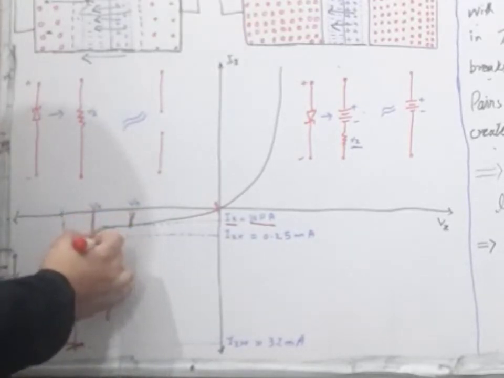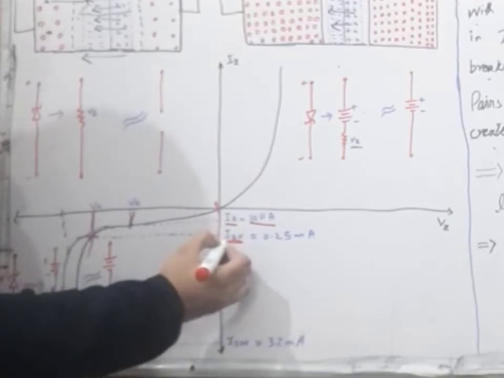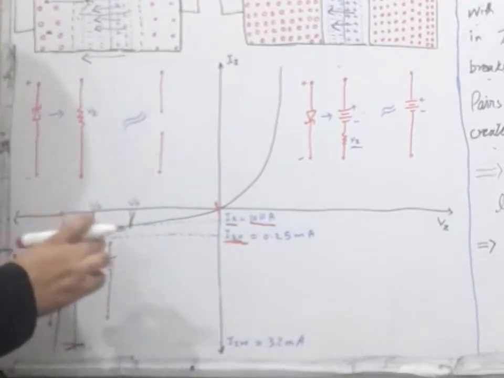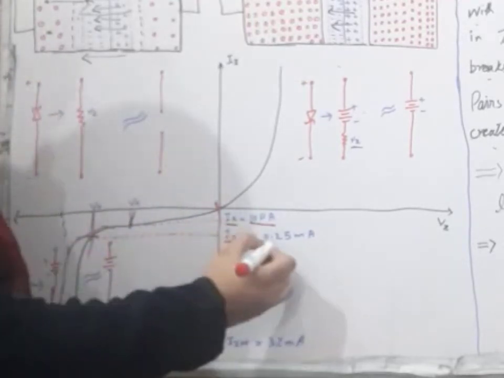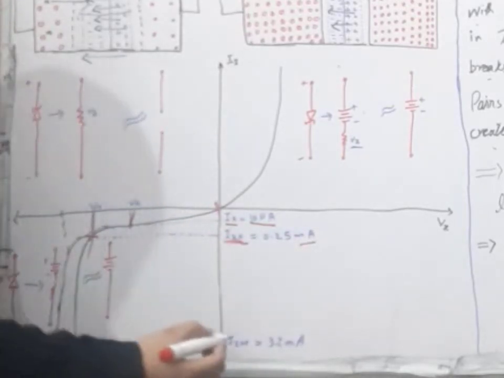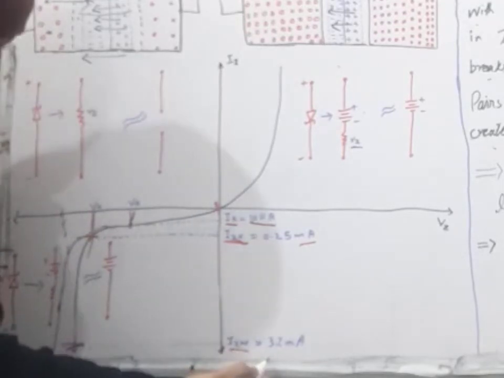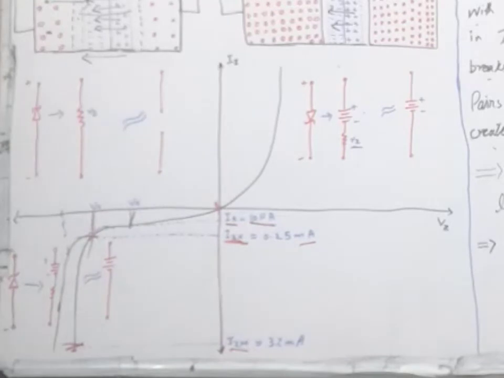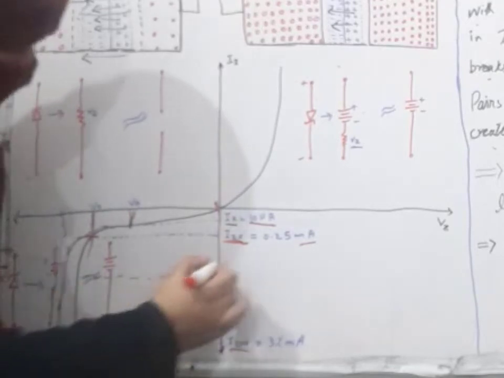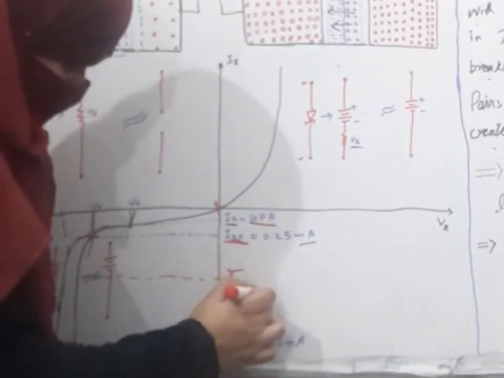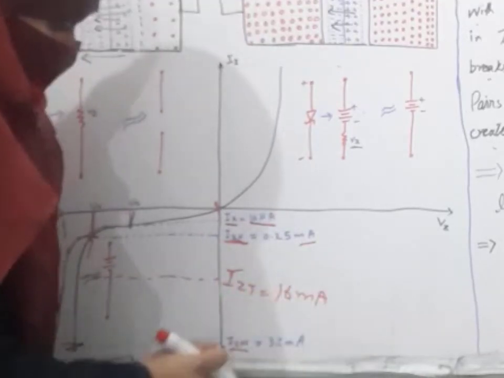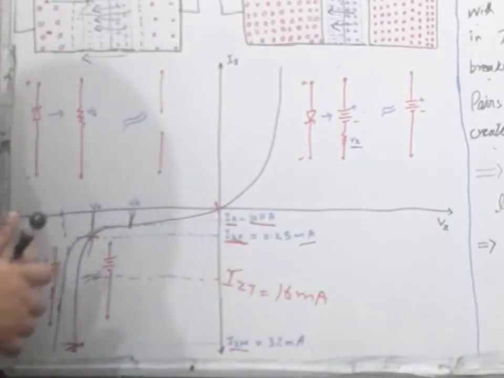At this point the knee breakdown occurs. IZ is for the Zener current and K is for knee. At the knee point, the current value is approximately 0.25 milliampere, and at this point, which is the maximum current value, the Zener maximum current will be equal to 32 milliampere. At this point we have a Zener testing current IZT, and its value will be anything between IZK and IZM.